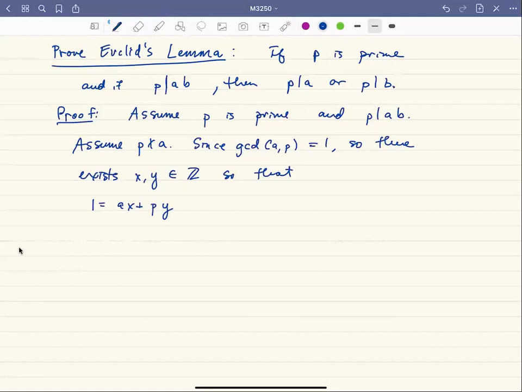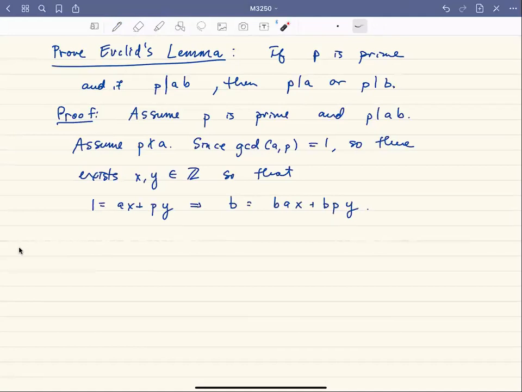And if we multiply both sides by b, this implies that b is equal to bax plus bpy. So here we've written b as bax plus bpy. And it's hard to see how that helps at first, except that we remember that we have an assumption that we didn't use.